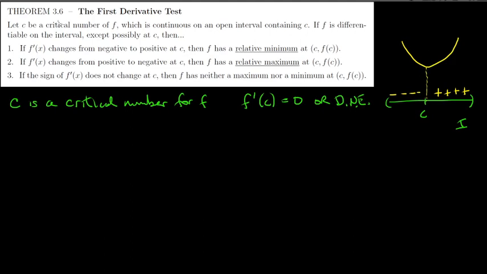So the first derivative test says if you look at points to the left of C, plug them into the derivative, and the derivative there is negative, and then you plug in points to the right of C, bigger than C, and the derivative there is positive, then you know you have a relative minimum at C. So this will be your relative minimum.